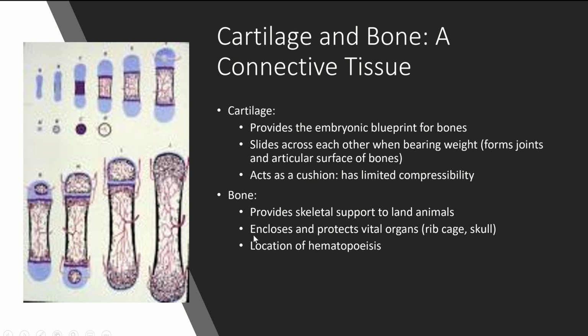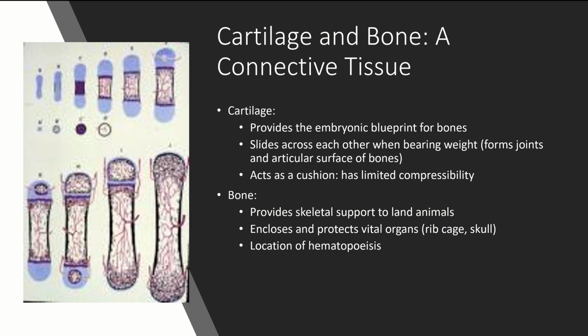It also encloses and protects our vital organs, right? So not only does it provide support, it helps us stand upright, but it protects our vital organs, so our rib cage and our skull, right? If you think about our vertebrae, so our rib cage is going to protect our heart, lungs, right? Skull is going to protect our brain, obviously. Your vertebrae is going to protect your spinal cord.